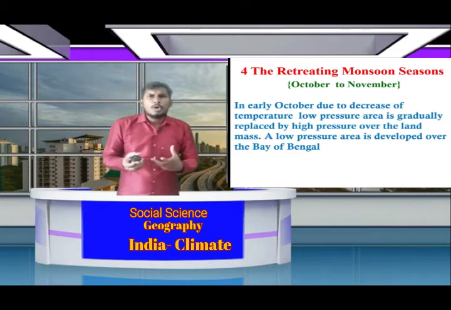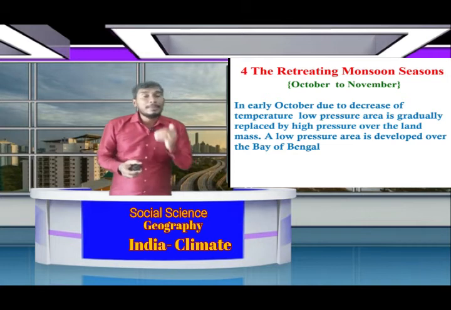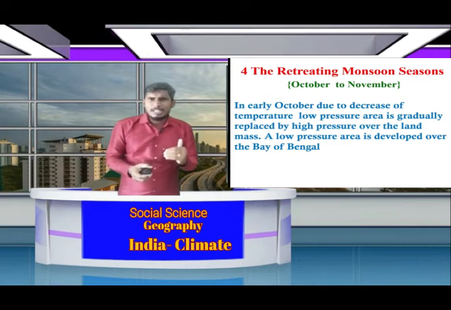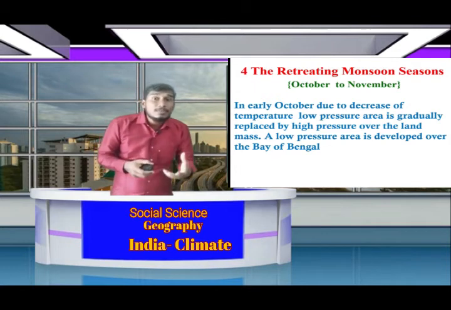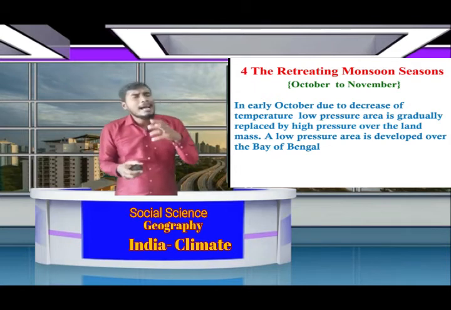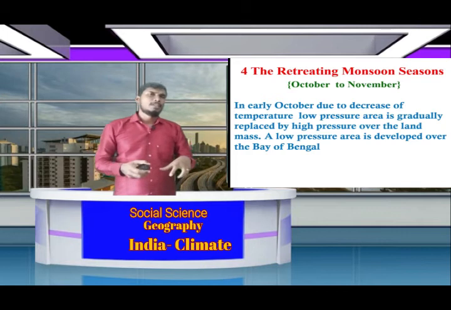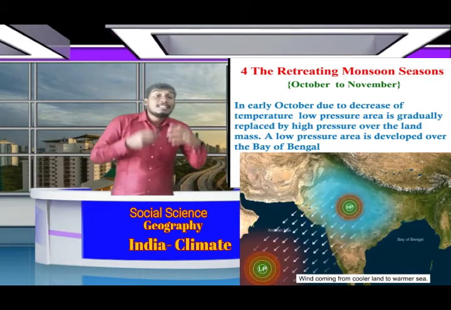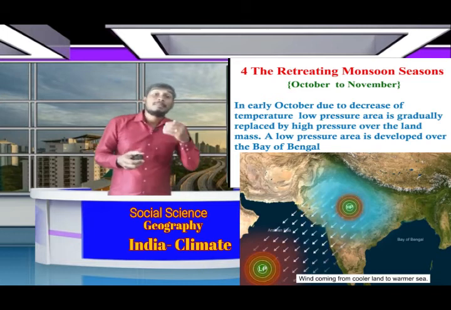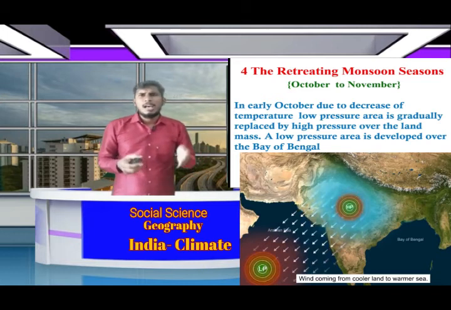In early October, the temperature decreases and the low pressure area is gradually replaced by high pressure over the land.